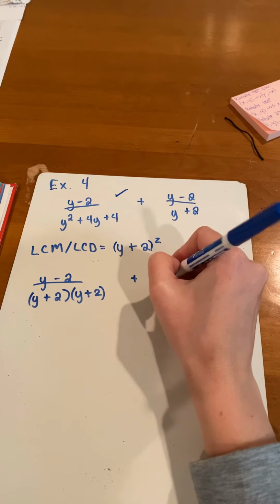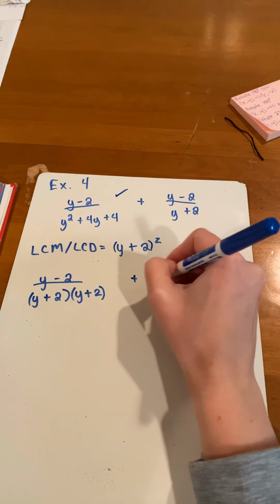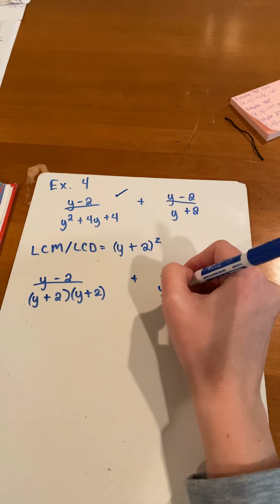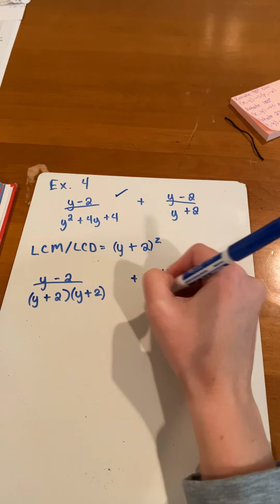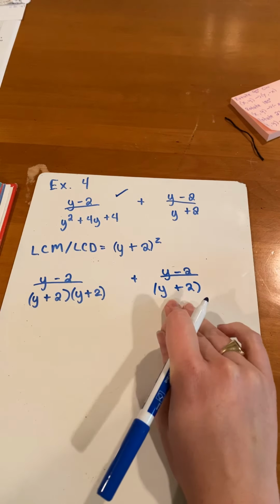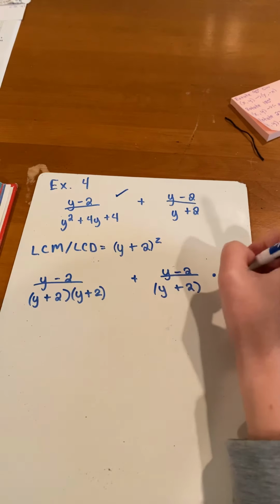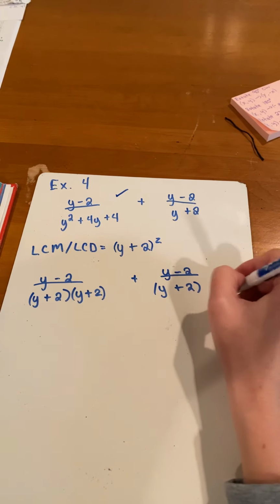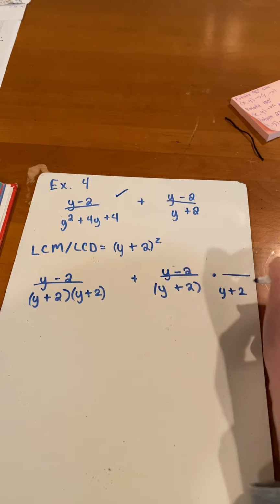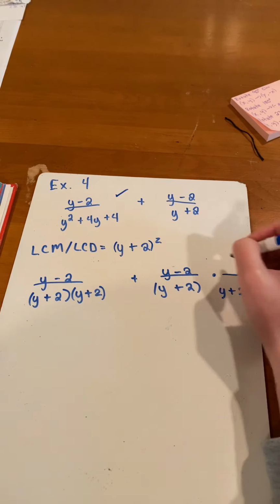But I currently have y minus 2 over y plus 2. So what do I have to do to my denominator to get it to be y plus 2 times y plus 2? Well, I'm going to have to multiply it by y plus 2. But what I do to the bottom, I have to do the exact same thing to the top.